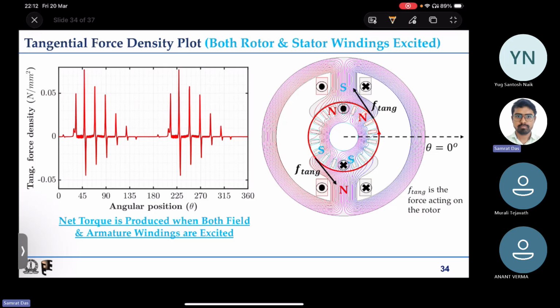We have only seen what happens for the stator field separately and for the rotor field separately. If we superimpose them, we will see a similar case: there will be a net tangential force when both are excited, and a shift in the axis of the magnetic field relative to the rotor.